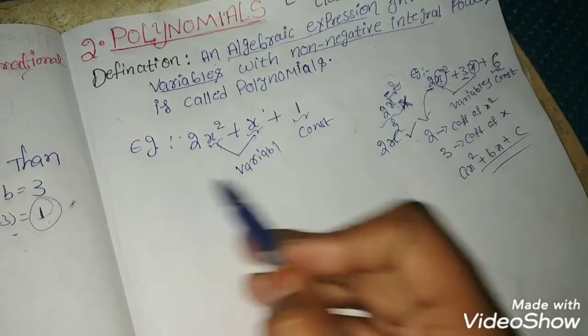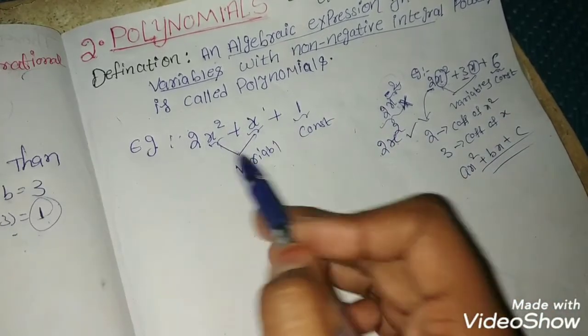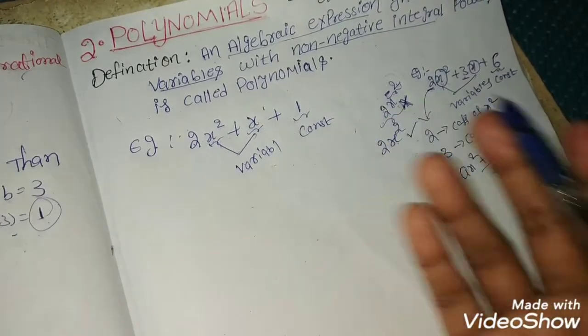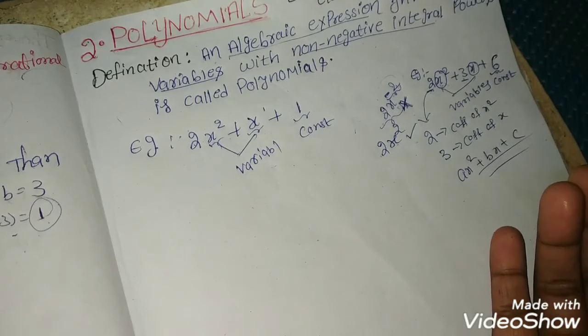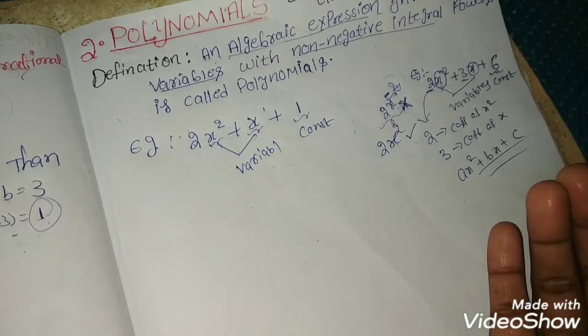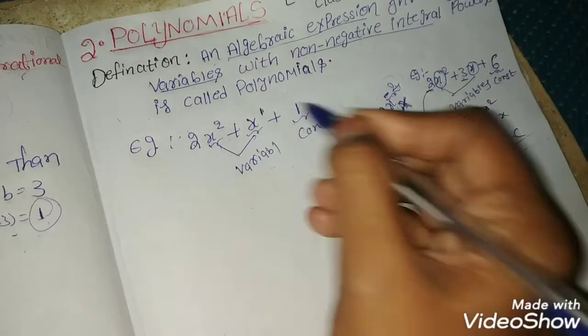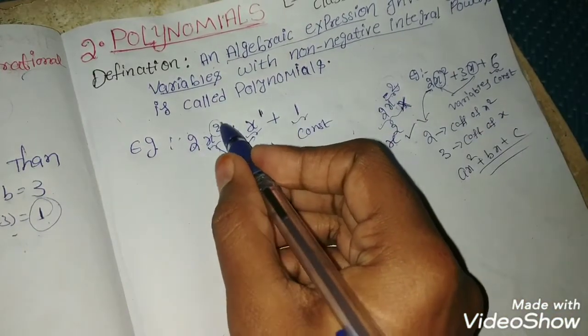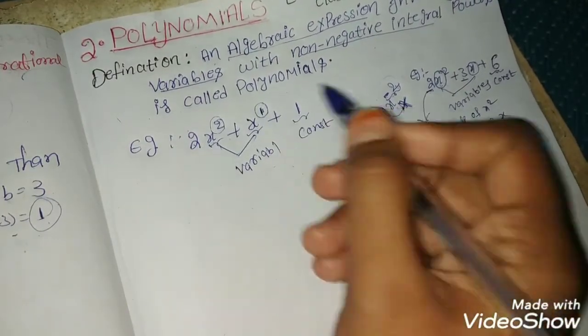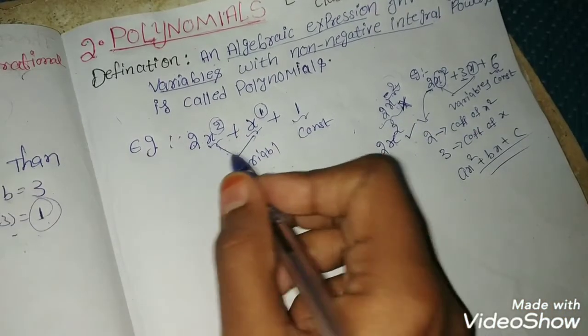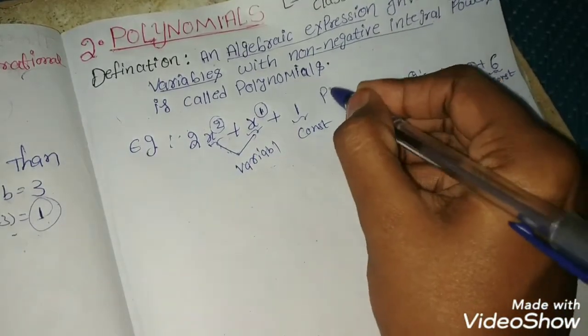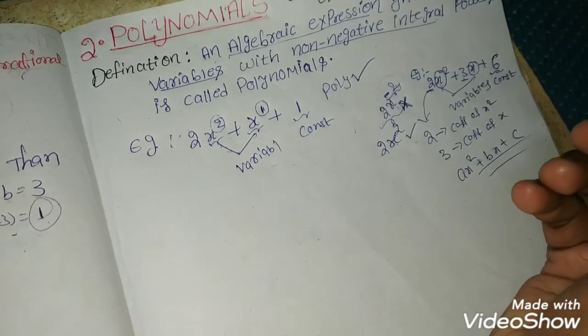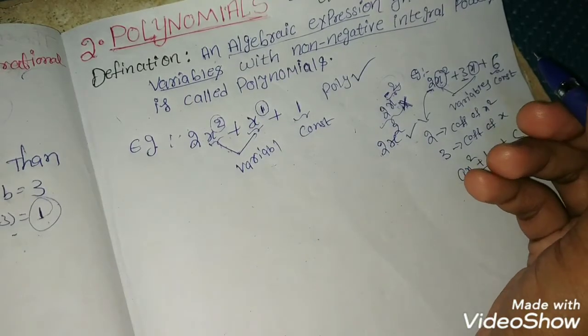So this is the form of an algebraic expression, ax square plus bx plus c. See what powers are there here? 2 is a positive power and 1 is also a positive power. So definitely we can say this is a polynomial.